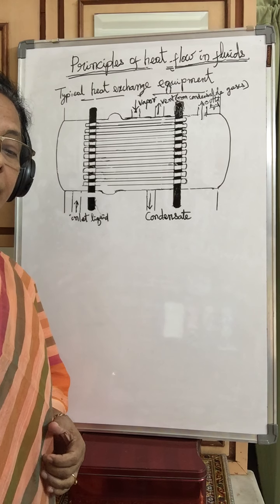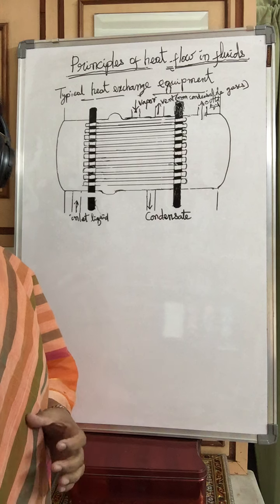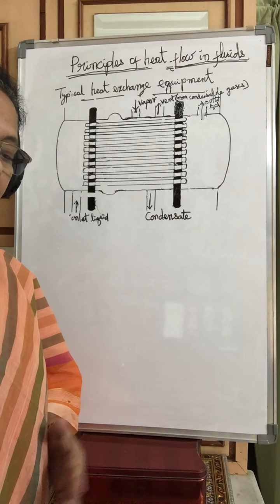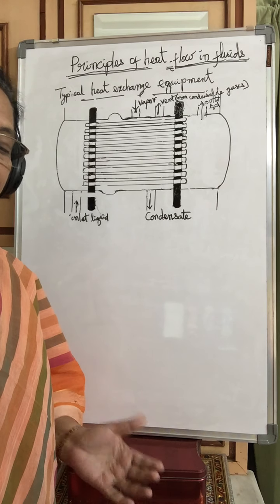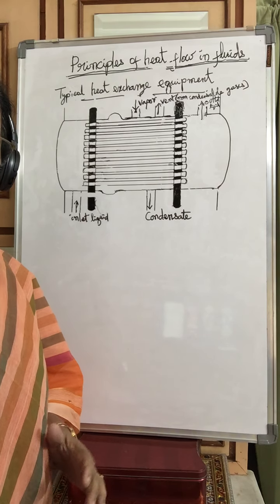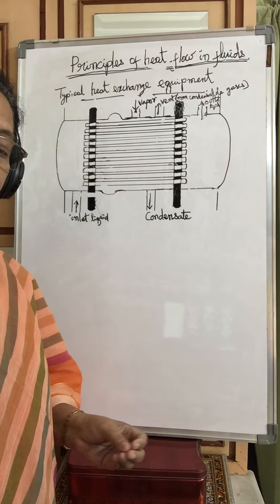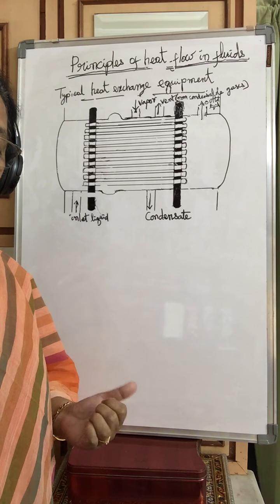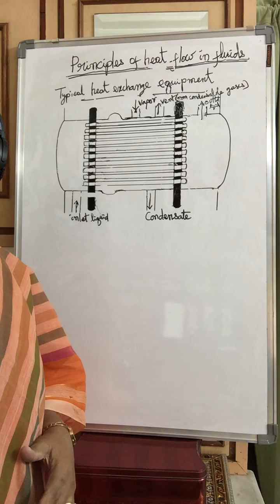To discuss that, in the beginning we want to discuss an equipment, that is a typical heat exchange equipment. Heat exchange equipment, an equipment which exchanges heat, between what and what. It can be between vapor and liquid, or between liquid and liquid, or between vapor and vapor.